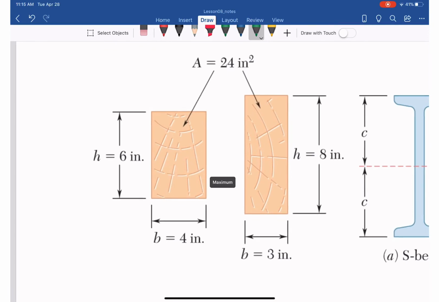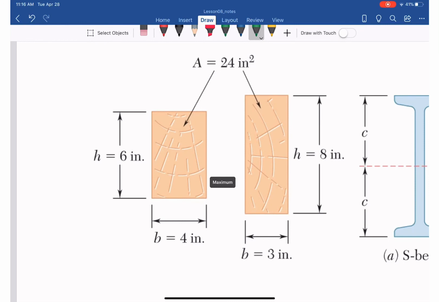But if you design the beam, if you recall the area moment of inertia for the rectangle equals base times height cubed divided by 12, then the one on the right, which is 3 by 8, would have a greater I about the x-axis.